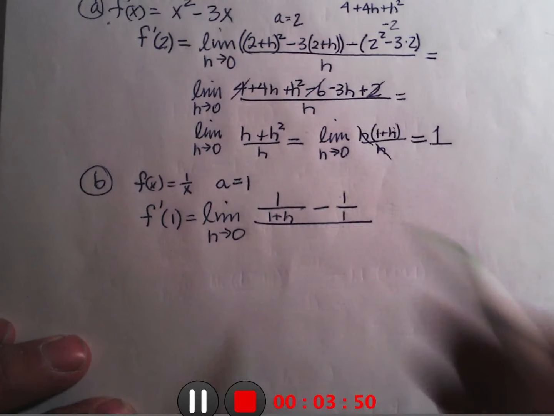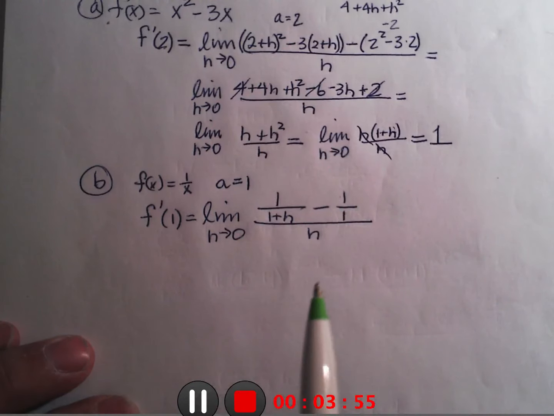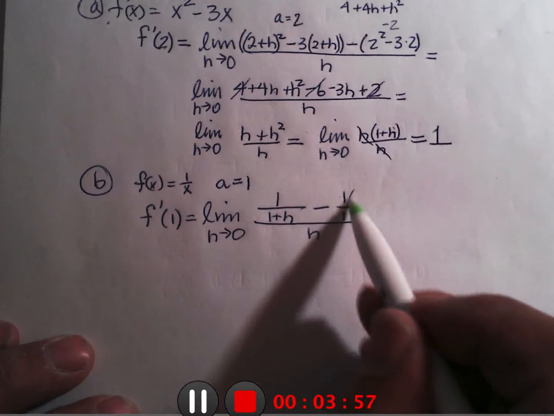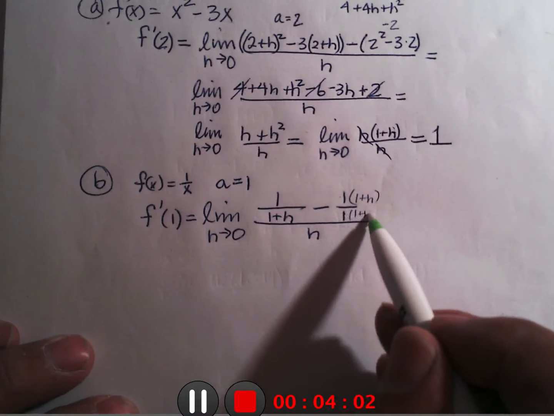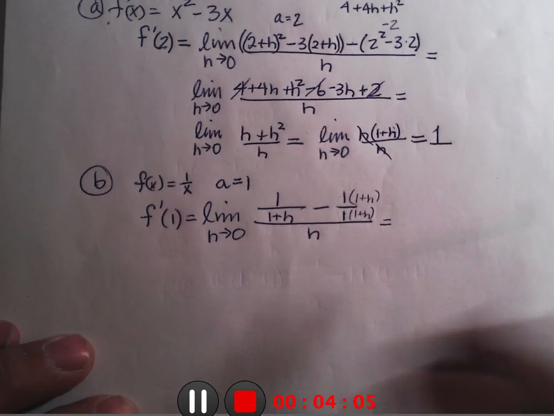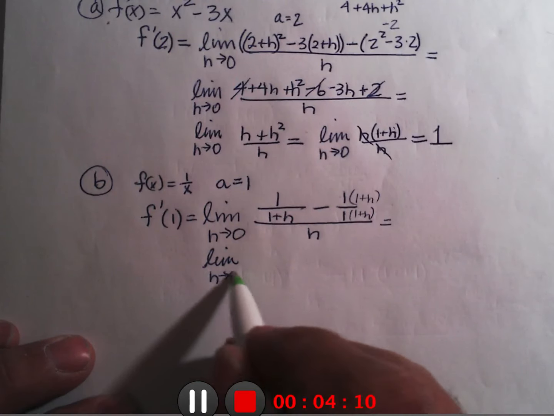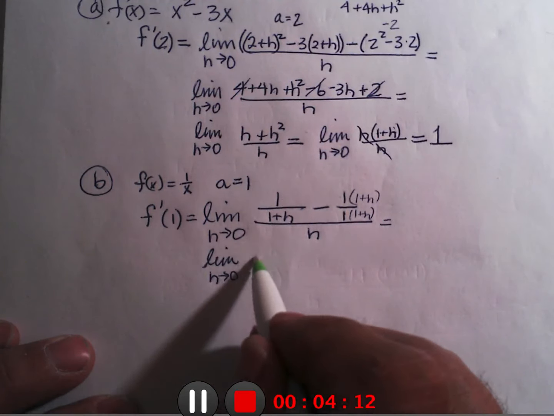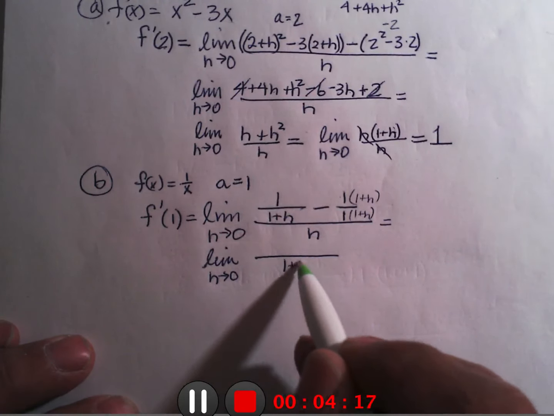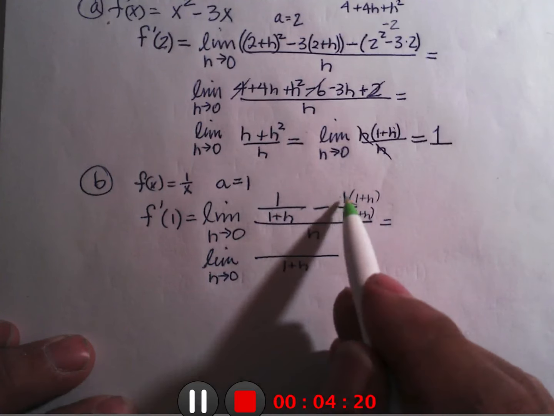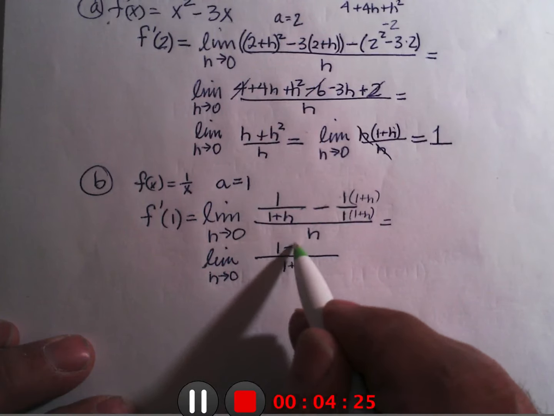over h. I've got to subtract two fractions, which means I need a common denominator, so I'm going to multiply this one by 1 plus h, and this one by 1 plus h, and I get the limit as h approaches 0 of, in the numerator I have the fraction over 1 plus h, and the numerator is 1 minus 1 minus h. 1 minus 1 minus h.